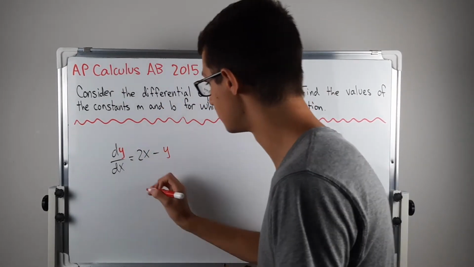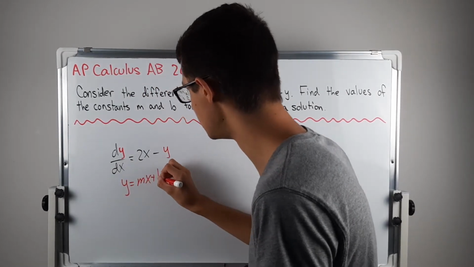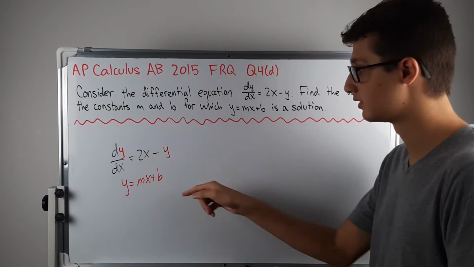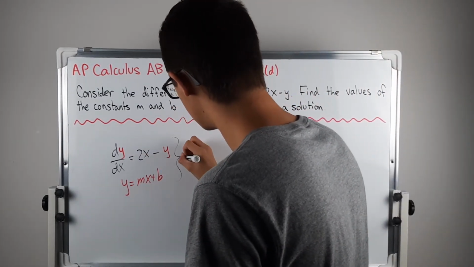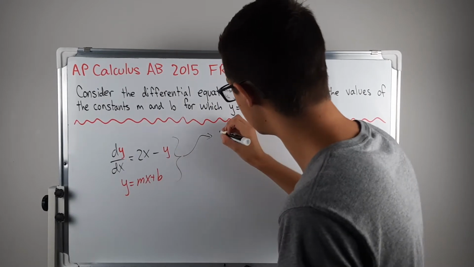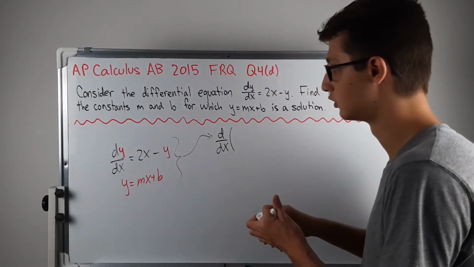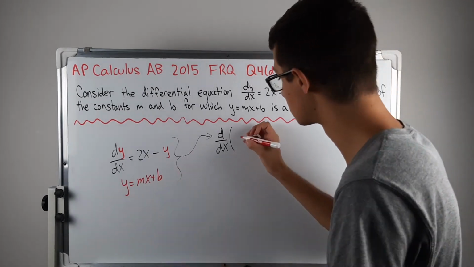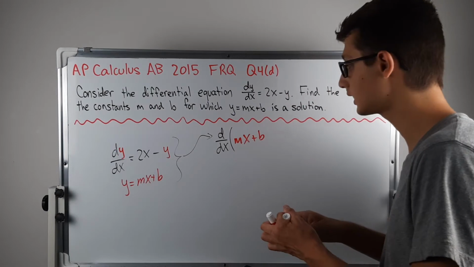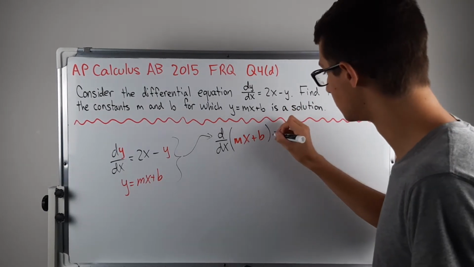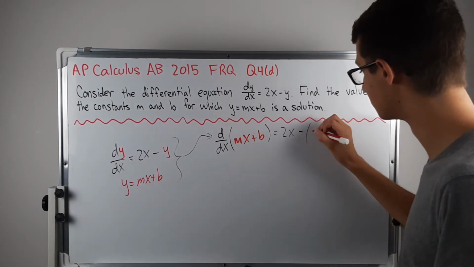And then we also have that y equals mx plus b, so we can simply plug that in. So we're taking the derivative of mx plus b, and this is going to be equal to 2x minus (mx plus b).